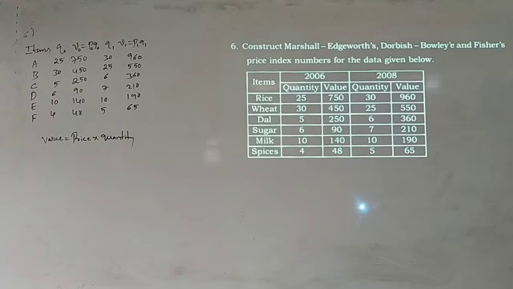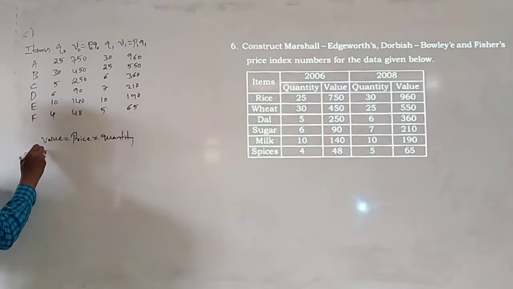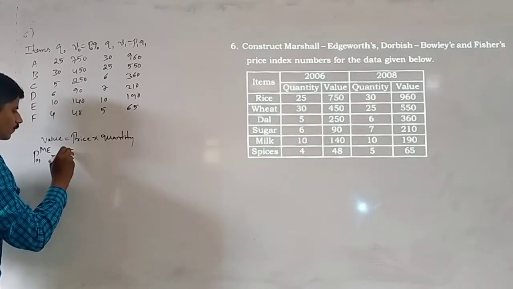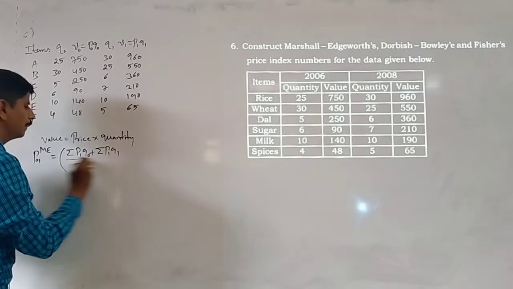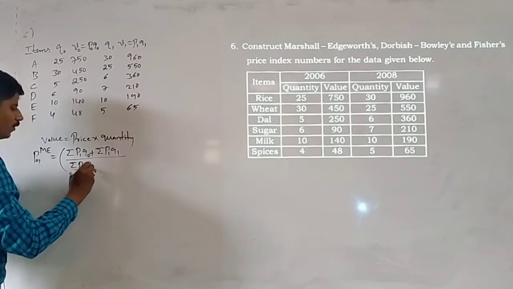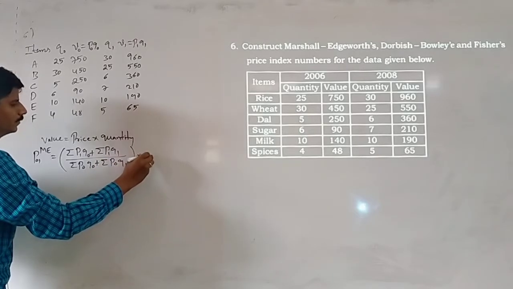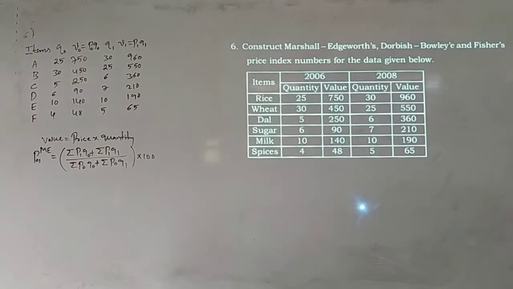You have to apply the Marshall-Edgeworth index number formula, that is P01 ME equal to sum of P1Q0 plus sum of P1Q1 divided by sum of P0Q0 plus sum of P0Q1, into 100.